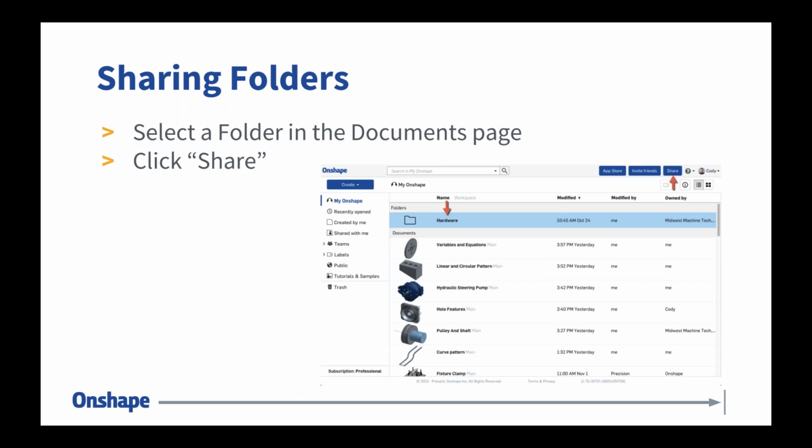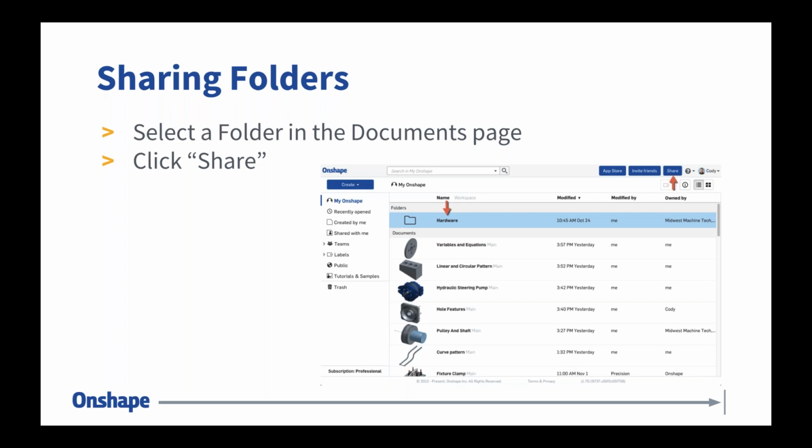So, next question, sharing folders. And this is one of the biggest advantages to using a system like Onshape and the folder approach, just the ease of sharing. So there are a number of different scenarios that I could give you. The big thing I would stress is it's very easy to share a folder. You select the folder in the Documents page, you click the big Share button, and you can share with whomever you'd want. You can share with an individual. I think more importantly, when you start getting into companies, you're going to share with teams within the company.